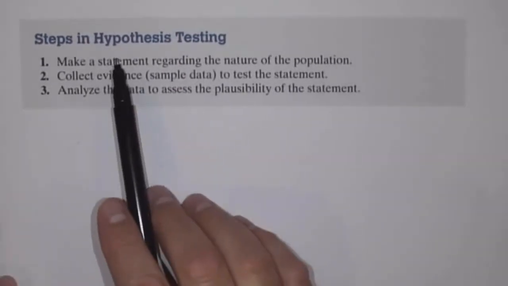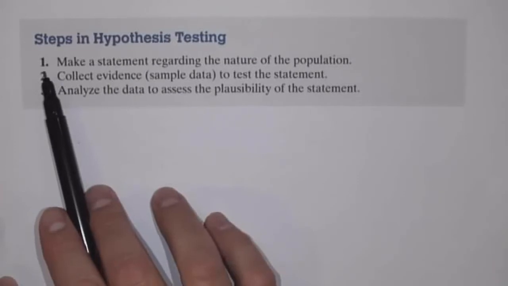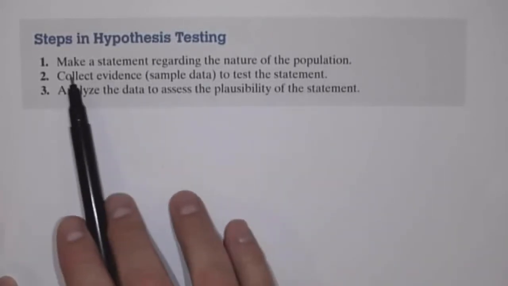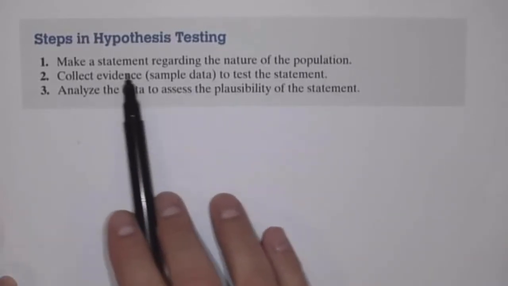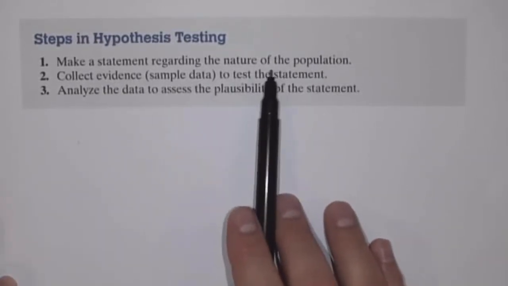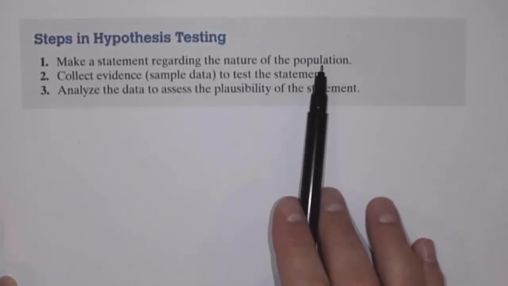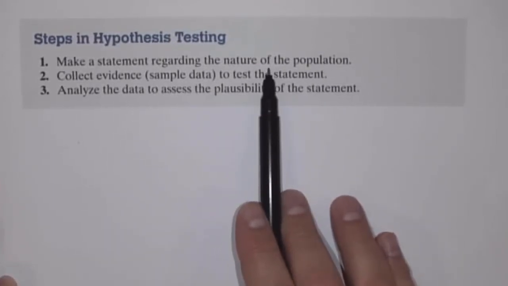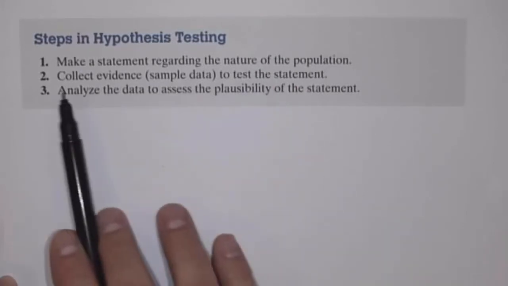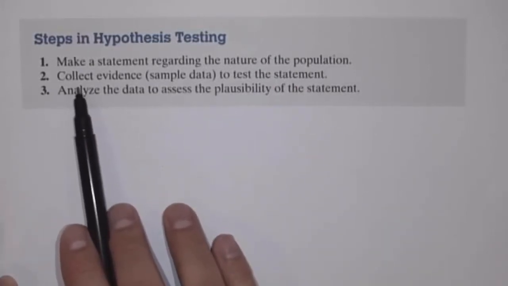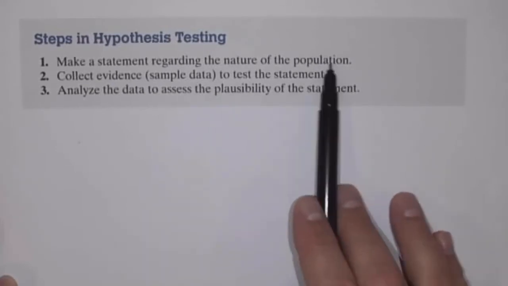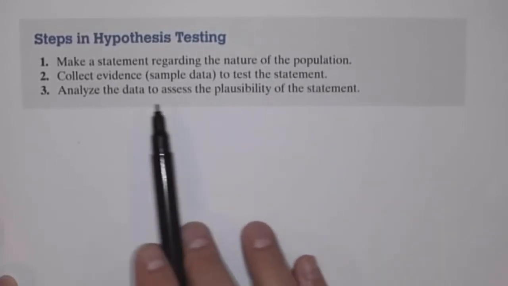So the steps in a hypothesis test: 1, we're going to make a statement regarding the nature of the population. So again, particularly in this chapter, that's going to be a statement that a parameter equals a particular value. So again, like P equals 3 out of 4, or mu equals 12 ounces. Step 2, we're going to collect evidence, in other words, sample data, to test the statement in step 1.